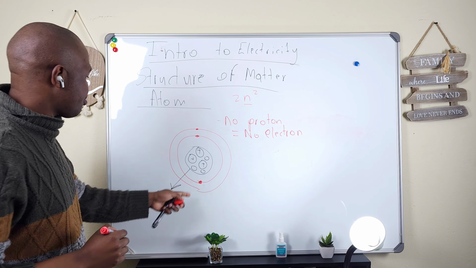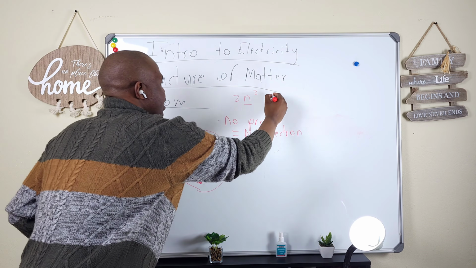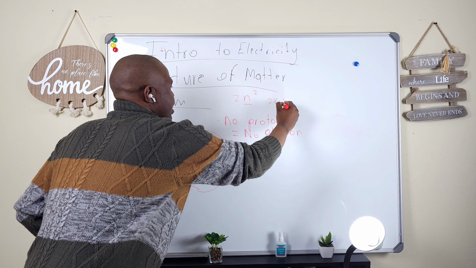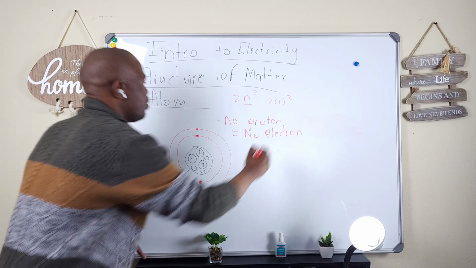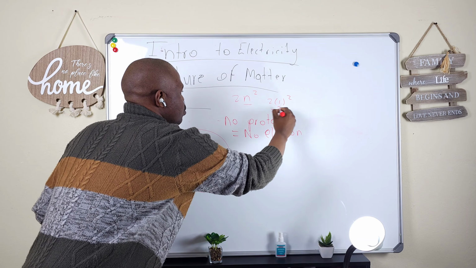Let's say for the first orbit, if I use that formula, I can see that this shell can only accommodate 2 electrons.